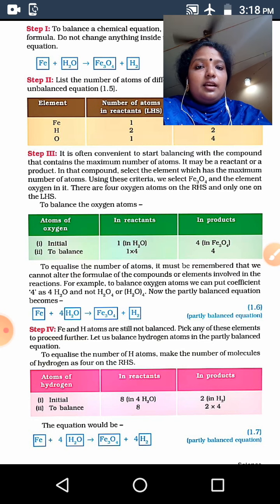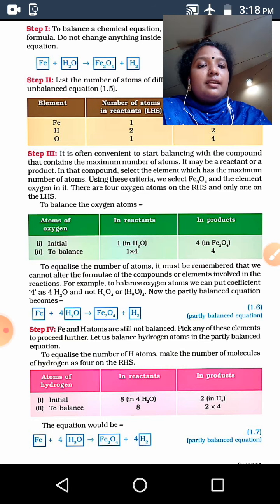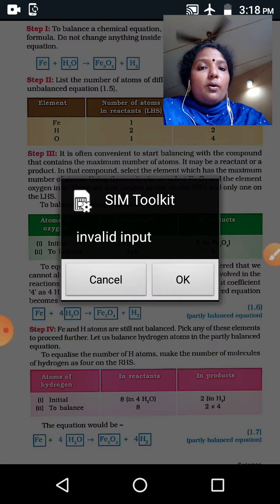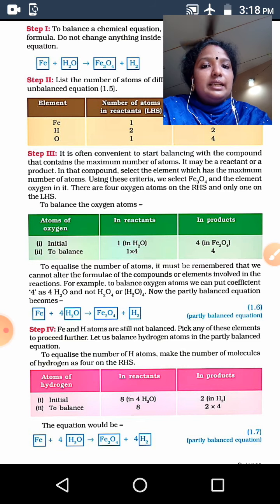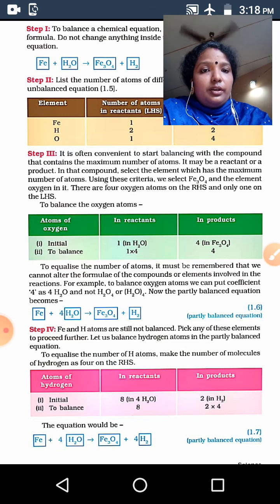And then you have to calculate the number of oxygen on the right side and the left side. In the reactant side oxygen is 1 and in the product side the oxygen is 4. So next we have to multiply H2O by 4.